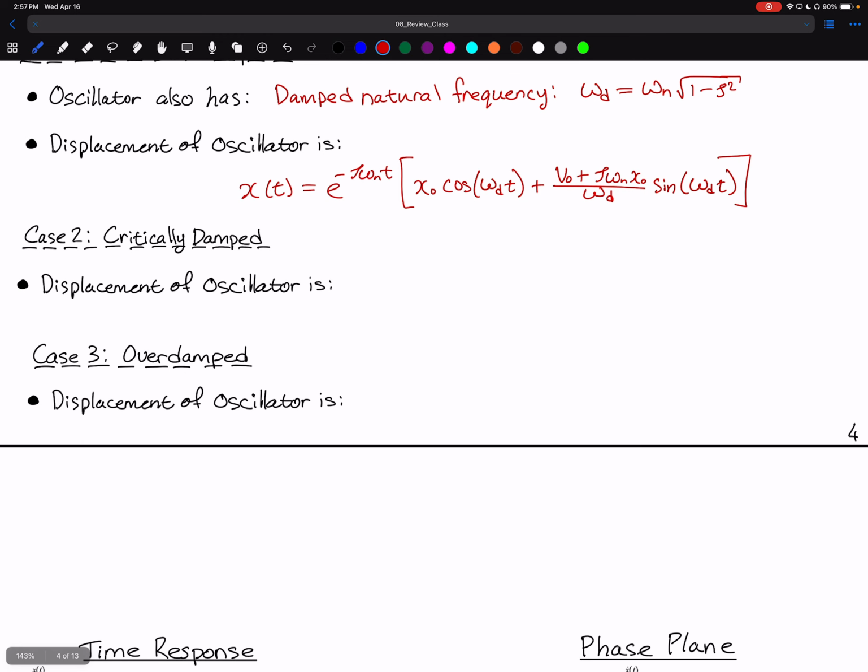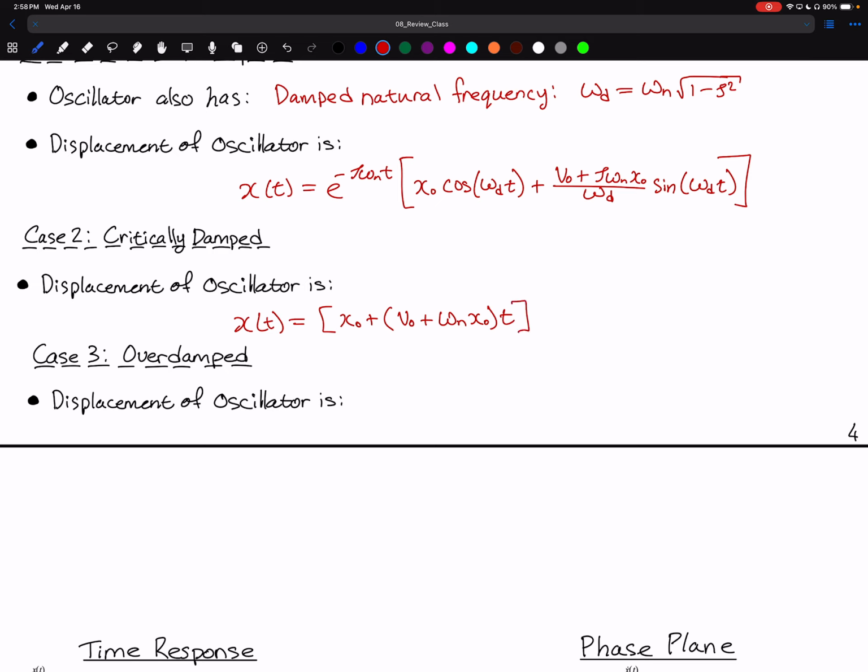All right, moving on to critically damped, which is when zeta was equal to 1. There is no damped natural frequency anymore because there's no more oscillations in the system. So we'll just give what the displacement is. In this case, our x of t is equal to the quantity x0 plus the quantity v0 plus omega n times x0, all that multiplied by t.